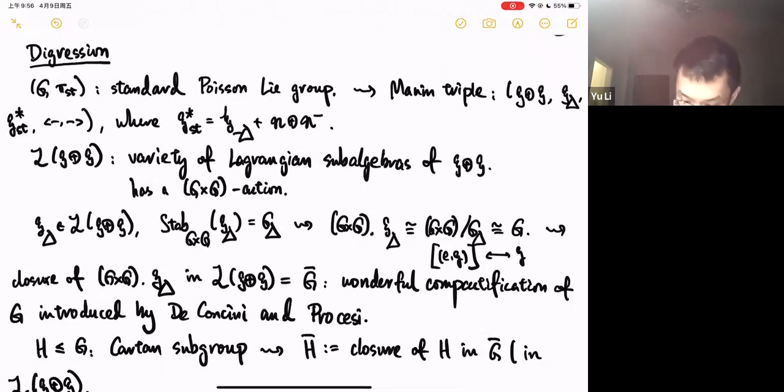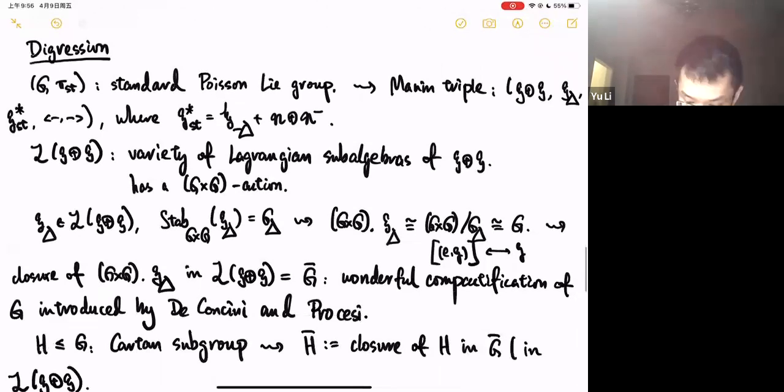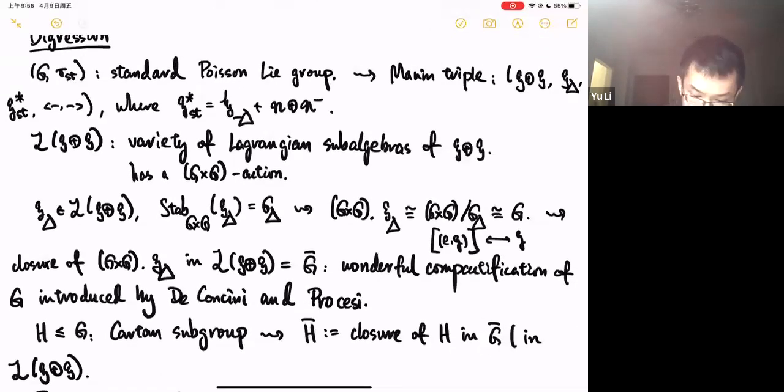Its Manin triple is usually presented in this way as I wrote. The Drinfeld double Lie algebra is usually identified with the direct sum of g with itself. The two Lagrangian subalgebras are the diagonal Lie subalgebra and the standard dual, where the standard dual is the anti-diagonal, h plus direct sum n minus.